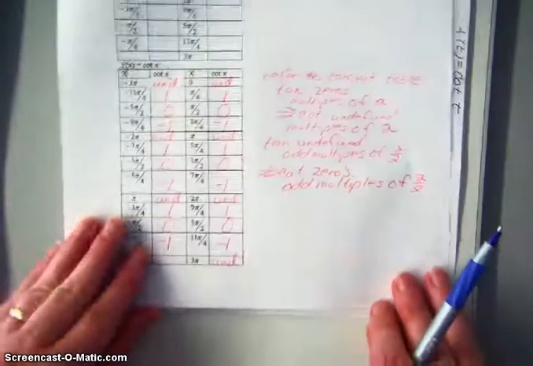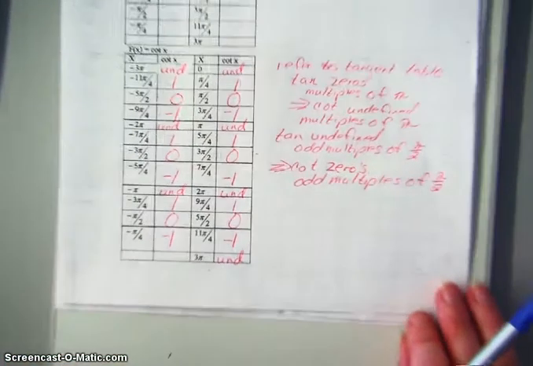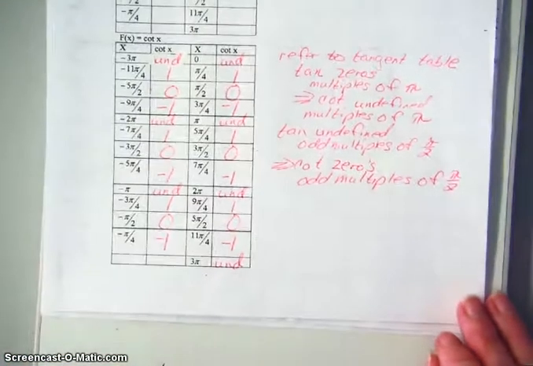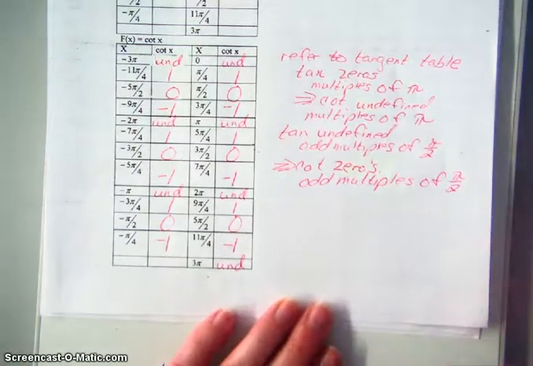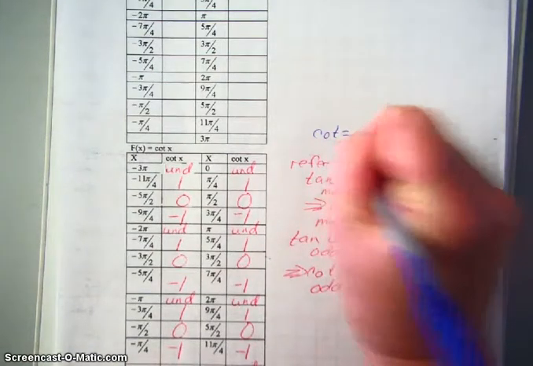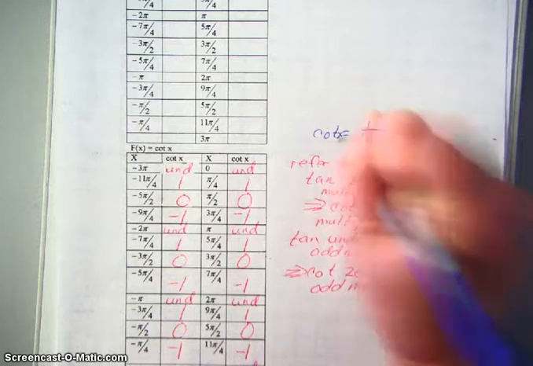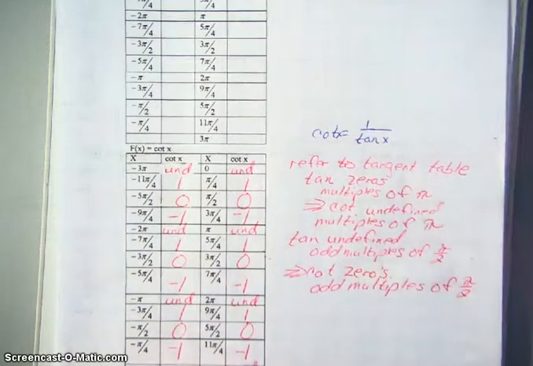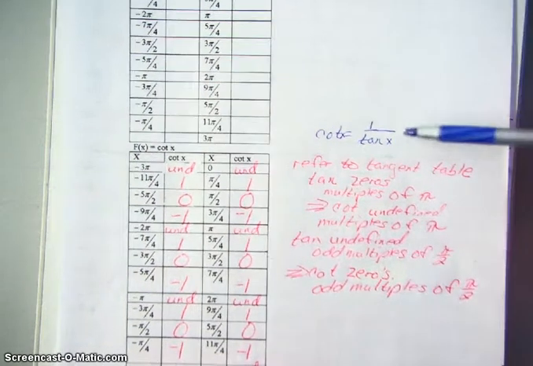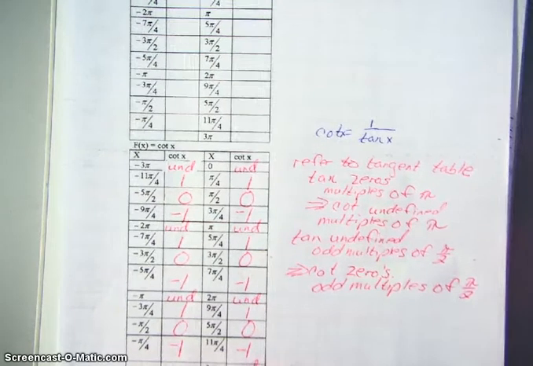All right, so here are some hints about cotangent. You know that cotangent is 1 over the tangent. So if you wanted to do it in your calculator, that's how you do it. But there are going to be even more problems.